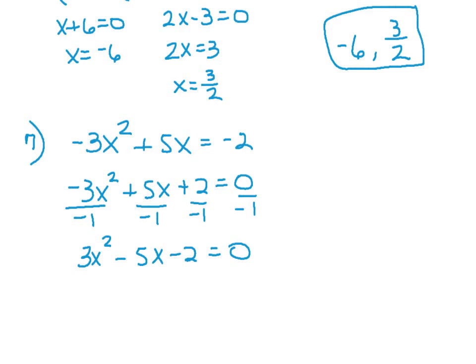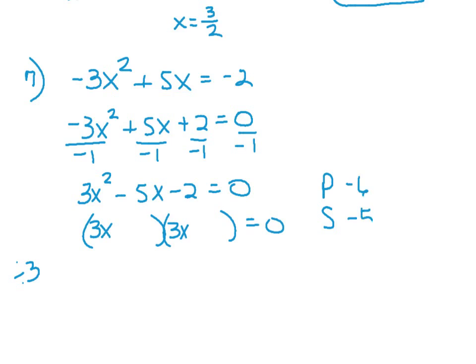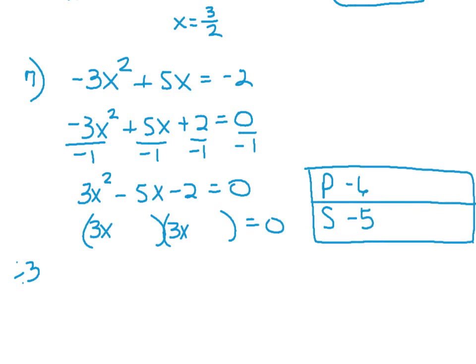Now we look for a GCF, we look for grouping, we realize we need to make a mistake here. So let's set it up. Let's go ahead and make our mistake, consciously making a mistake, knowing that we'll correct it in a moment. And let's find our product and sum. Our product is -6, our sum is -5, so I need two integers that when you multiply them, your answer is -6, and when you add them, you get -5.